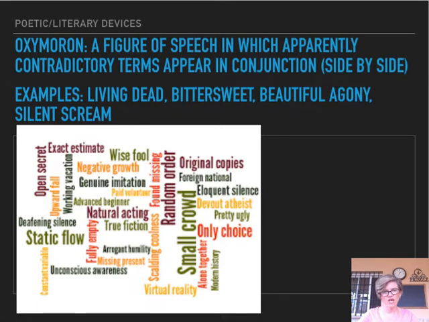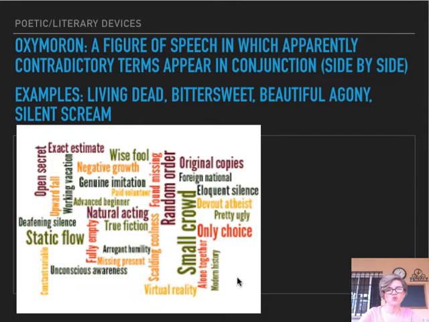I have beautiful agony, silent scream, and then I've got this word cloud of a whole bunch of examples. If you want to appreciate them all, you can pause the video and look at them. But examples like a wise fool or eloquent silence. Pretty ugly is kind of one of my favorites.